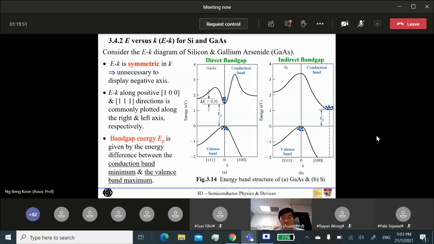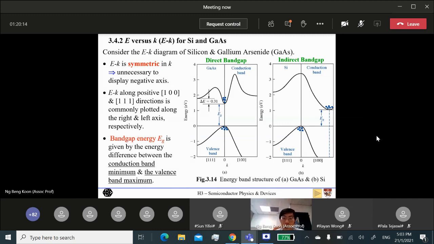In the case where they occur at different k values, like the one you see here in silicon, the silicon E-k diagram shows that the minimum point in the conduction band and the maximum point in the valence band are at different k values. For such a semiconductor, we call this an indirect bandgap semiconductor.